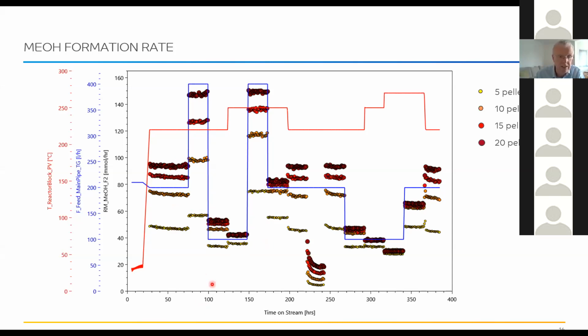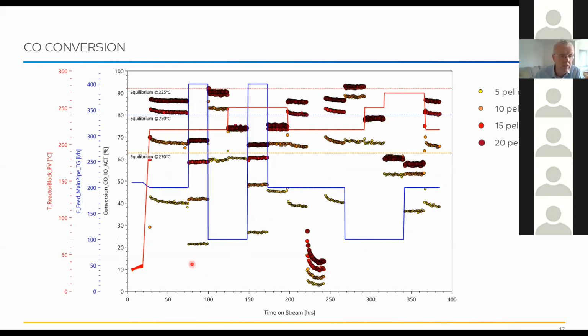The reason for that is, if I go on to the next slide, rather than looking at methanol formation, looking at the conversion of the carbon monoxide in this case, what you see, for example, at the first set of data, is that the carbon monoxide conversion increases, but it starts to approach the equilibrium conversion.